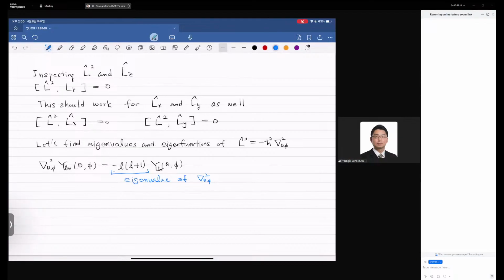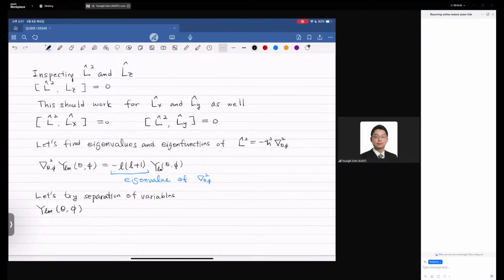So let's solve that problem. What do we do? Again, the same thing. I think it's probably the third time we're doing this: we'll do separation of variables.